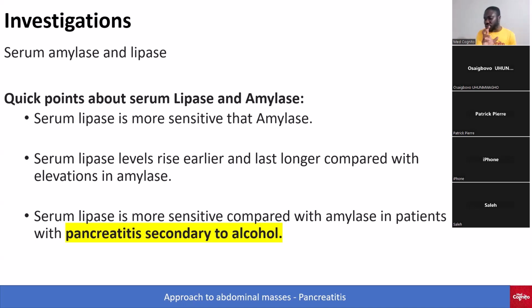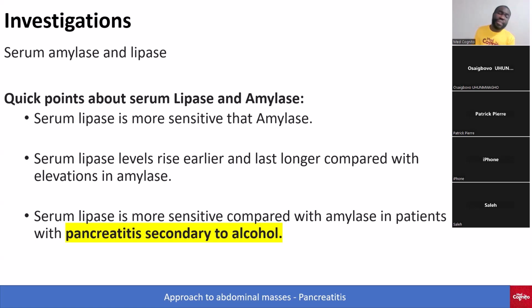Now, another trick about this is because we said gallstones and alcohol are the two top causes, but gallstones is the topmost cause. Serum lipase is more sensitive compared with amylase in patients with pancreatitis. So serum lipase will rise earlier and last longer. It does not have any confounding secretory point apart from the pancreas.